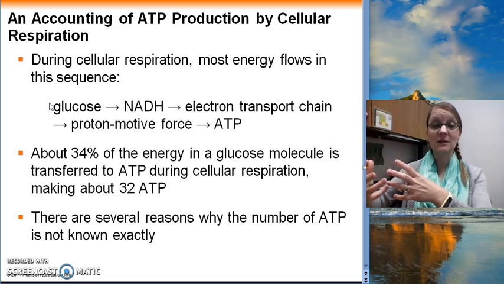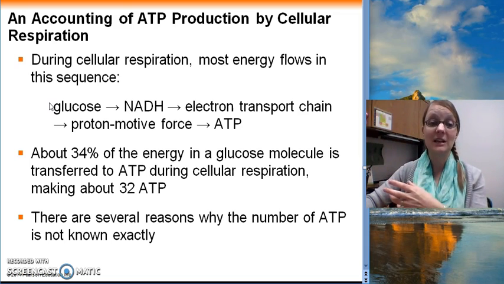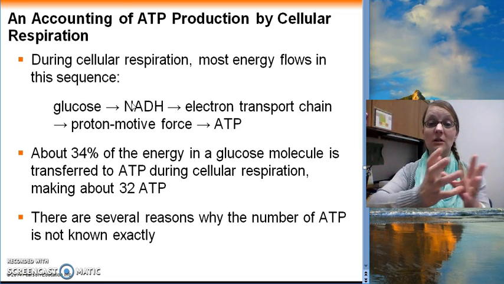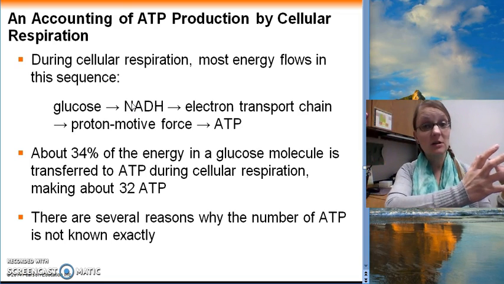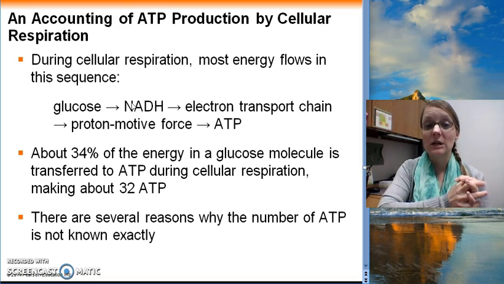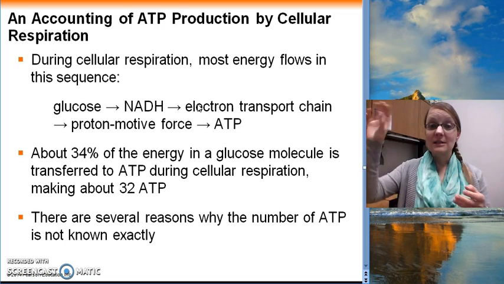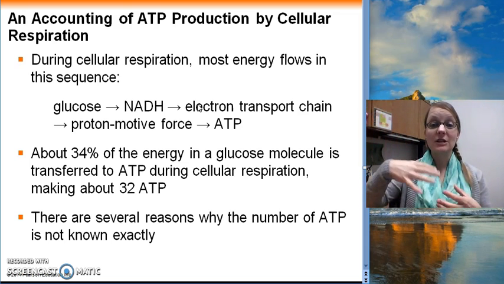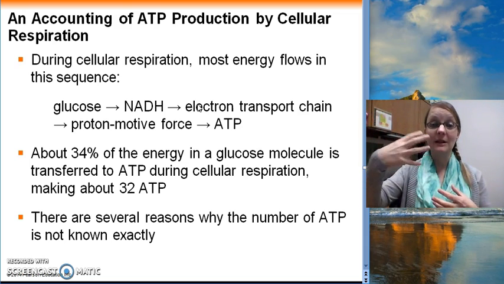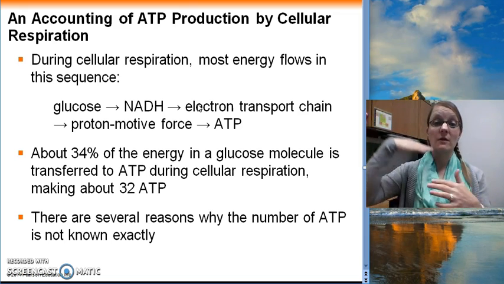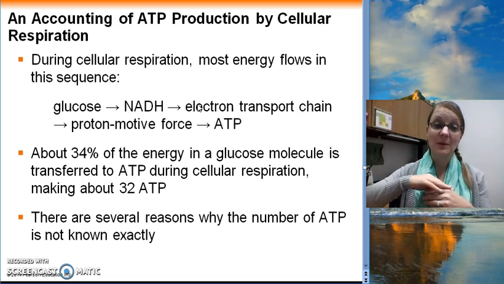Those electrons are given to the electron carriers, NADH for example, and NADH hangs on to those electrons and shuttles them safely, because it's precious cargo, safely off to the electron transport chain.